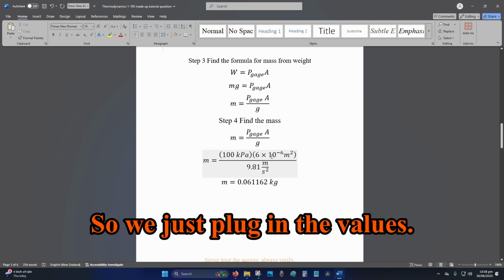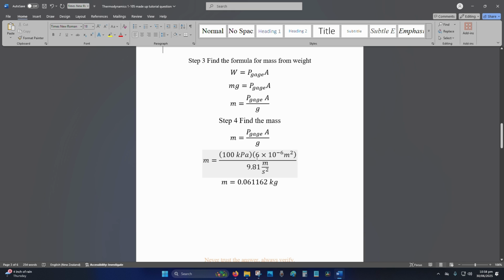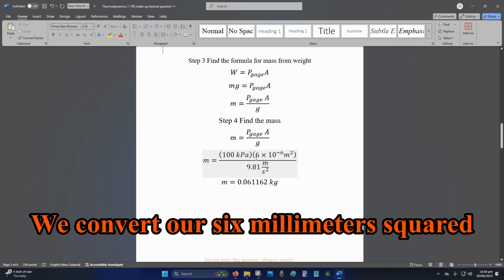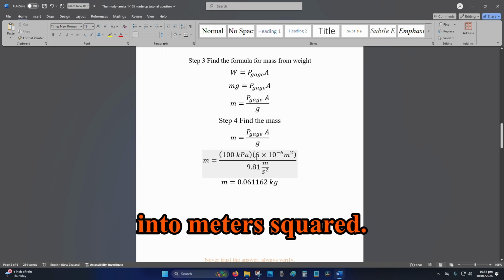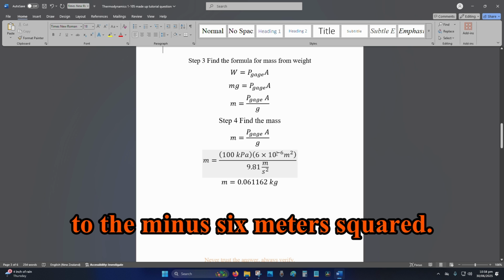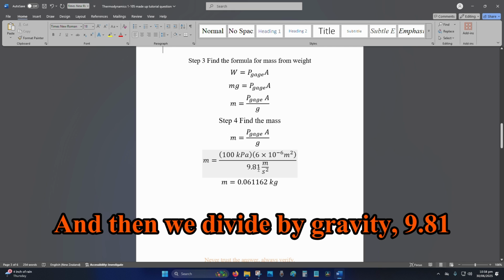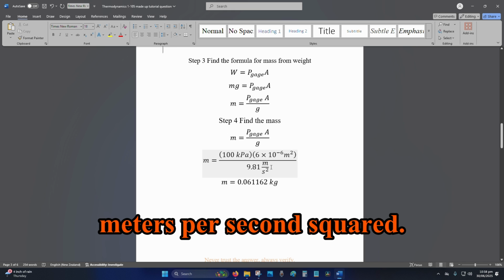So we just plug in the values. So inside pressure is 100 kPa. We convert our 6 millimeters squared into meters squared, so we change that to 6 times 10 to the minus 6 meters squared, and then we divide by gravity, 9.81 meters per second squared.